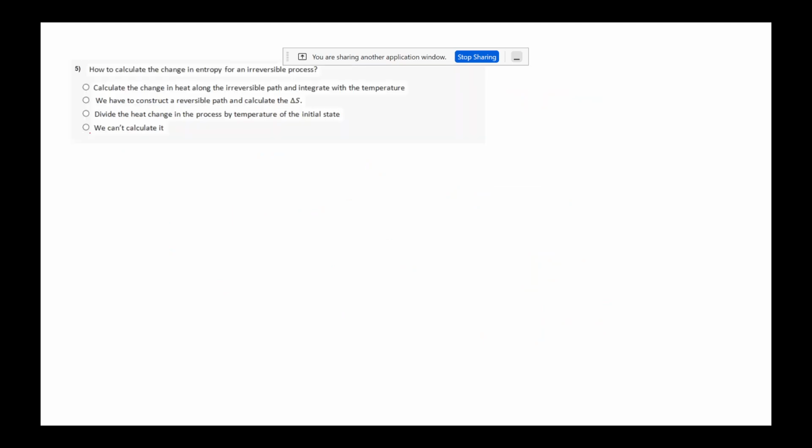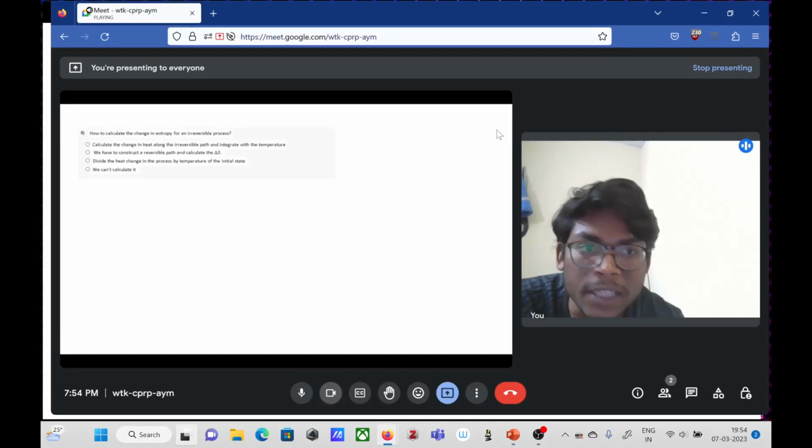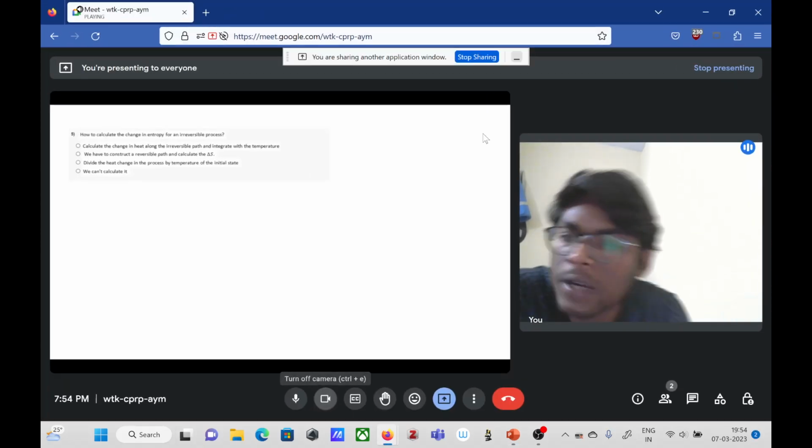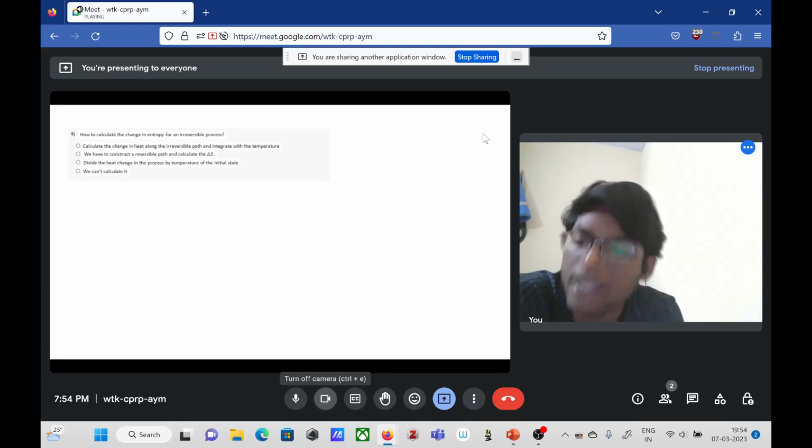Now the last problem of this session is how to calculate the change in entropy for an irreversible process. The first option says calculate the heat along the irreversible path and integrate with the temperature.